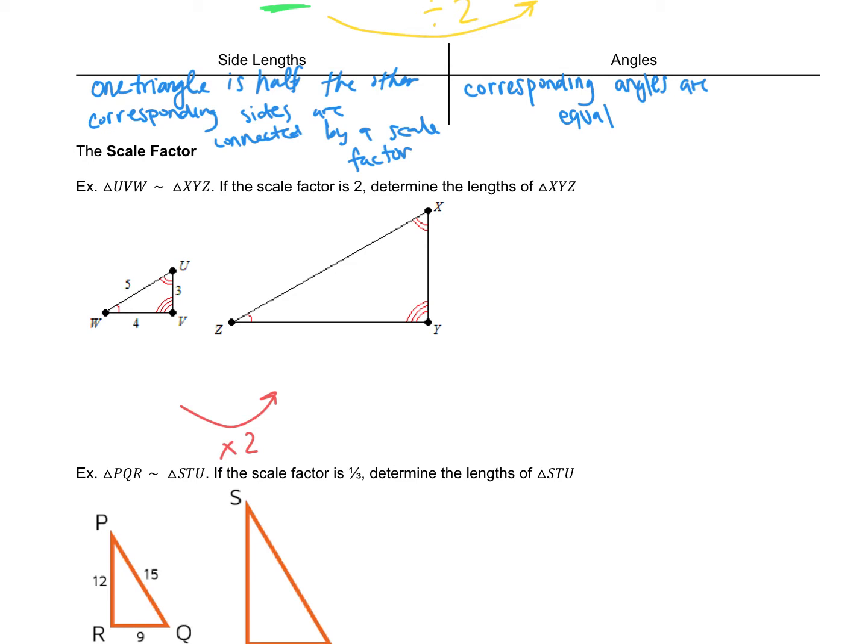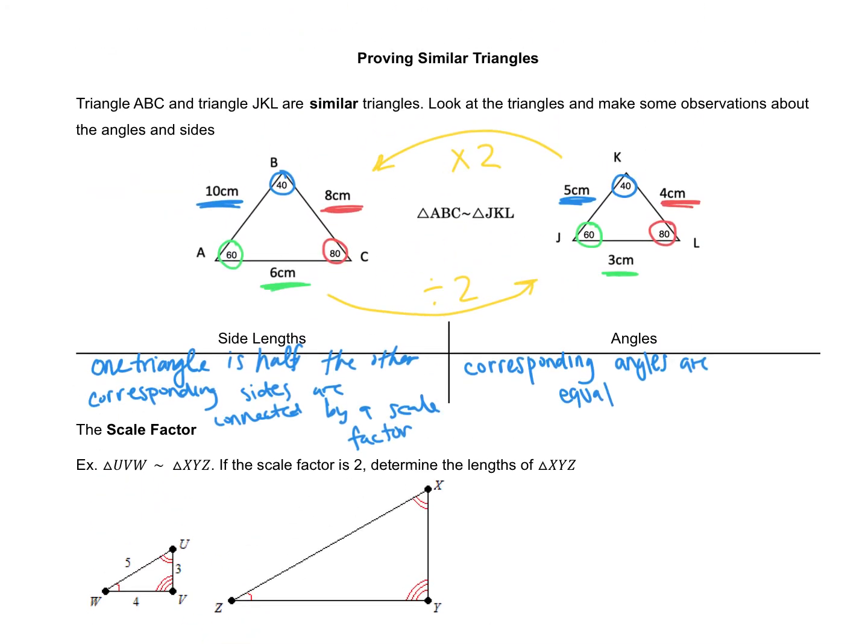Now, first thing we have to do is identify which sides correspond. And if we look at our previous example with the visual, the sides that matched had the matching angles as well. So if we look at the 6 centimeter and the 3 centimeter side length, that side is created by the 60 and 80 degree angle, and same thing in the smaller triangle. If we look at the 10 and the 5, they're both created by that 60-40.